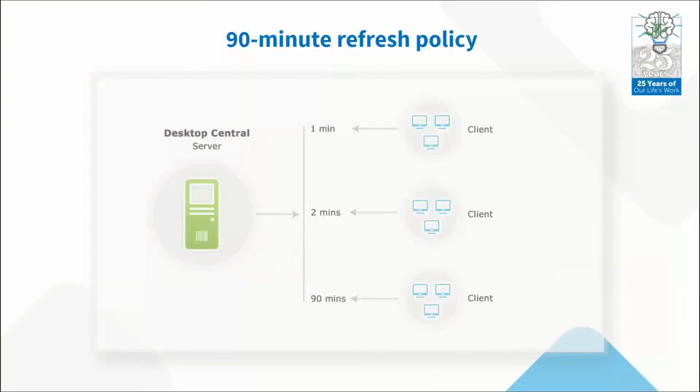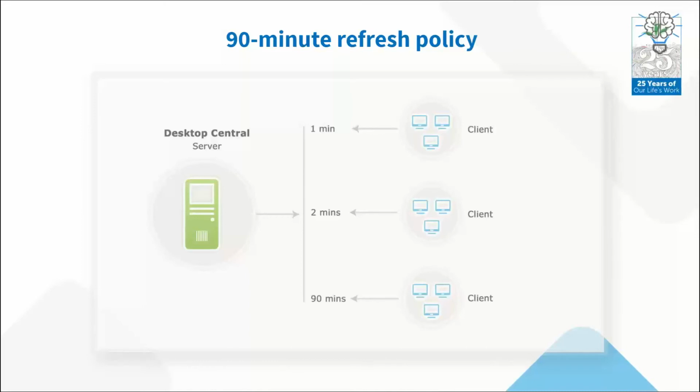Now, we have seen in many of our scenarios about the refresh policy. Desktop Central has a 90-minute refresh policy, and this is necessary because it eliminates bandwidth choking and also enhances your server performance, which means for each minute you will have devices periodically contacting the central server.